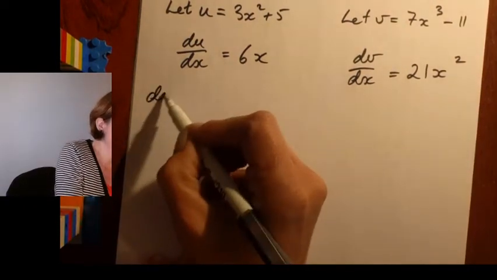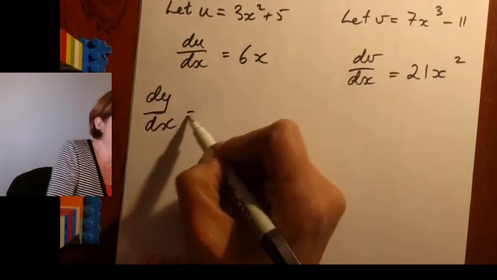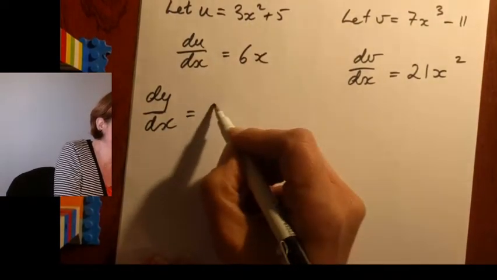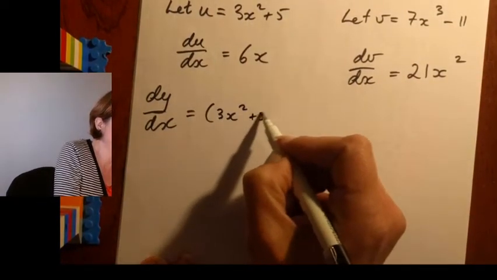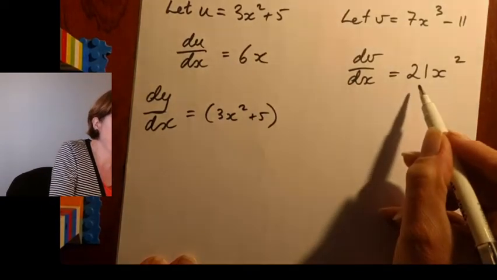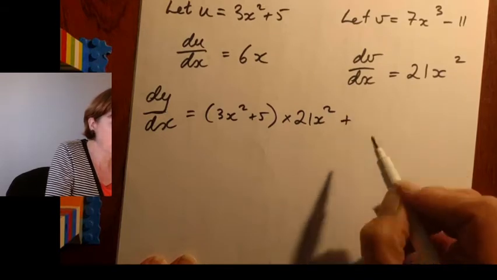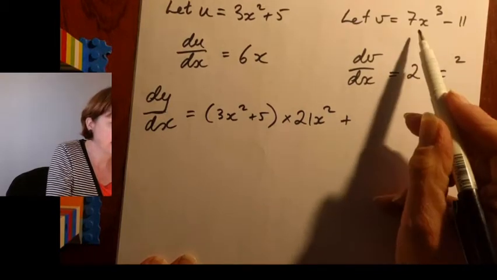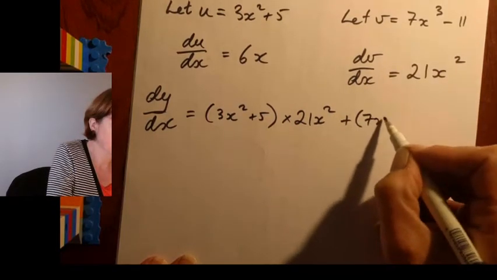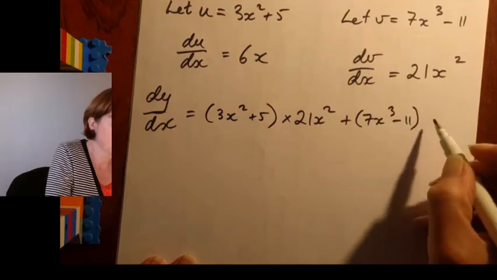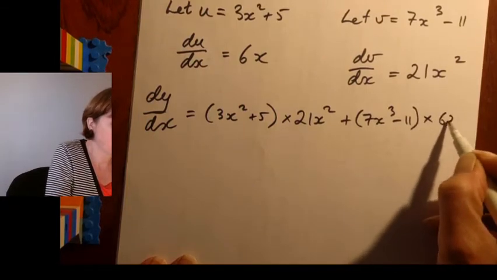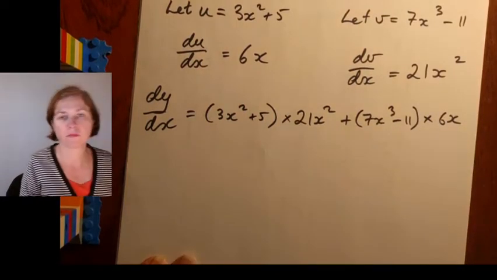So dy dx is going to be u, that's the first function, times the derivative of the second function, plus v, that's the second function, times the derivative of the first function.